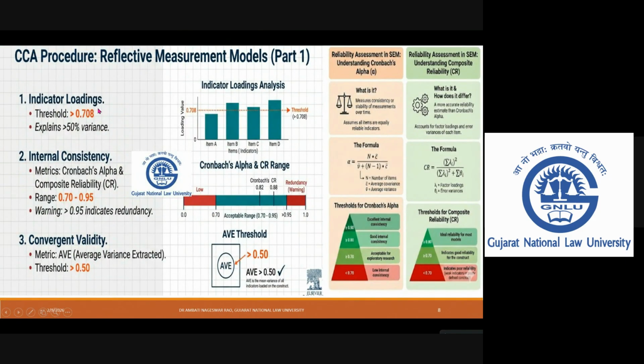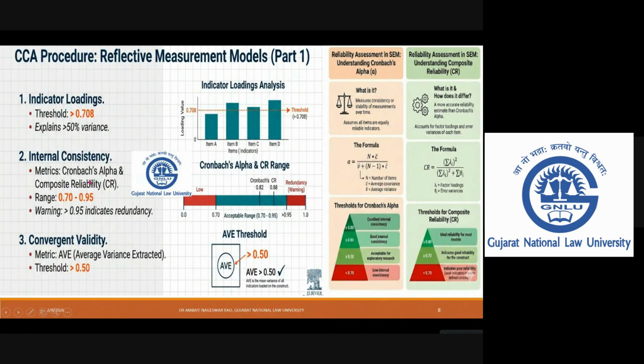We need to see the factor loadings of each construct, the relationship between indicator and construct. The value should be greater than 0.708, which indicates that the relationship between indicator and construct is strong. Our factor loading should be close to 1, but the expected value is greater than 0.708.